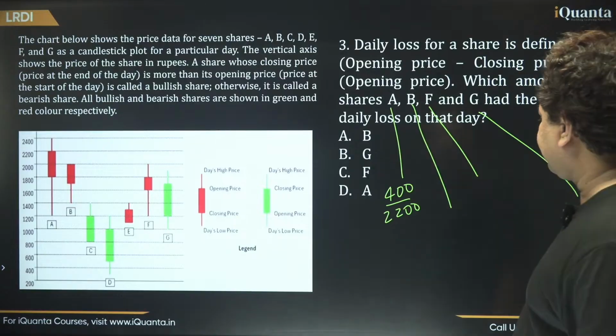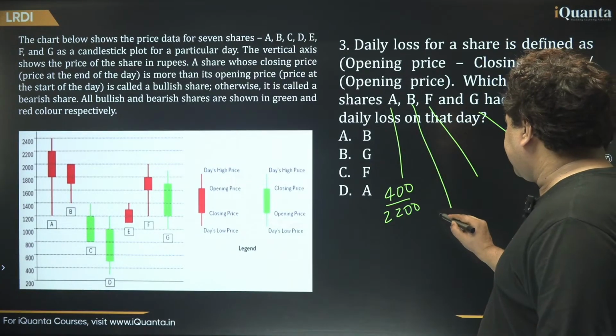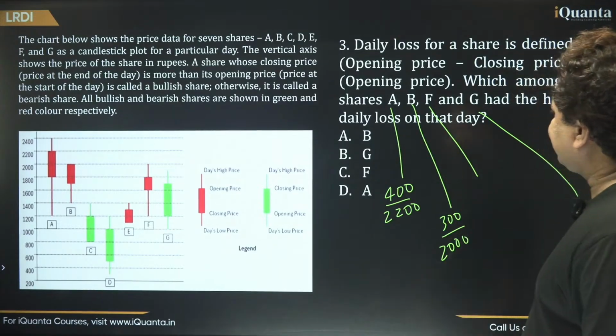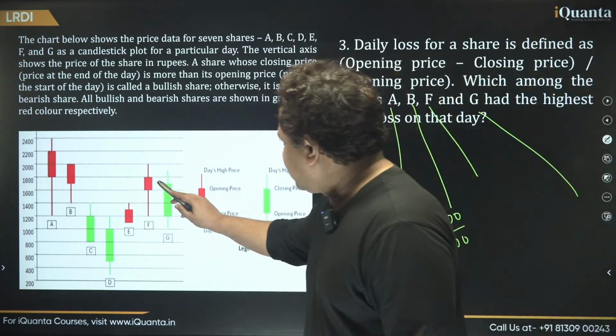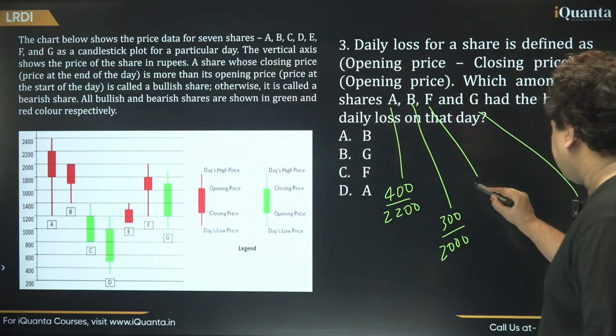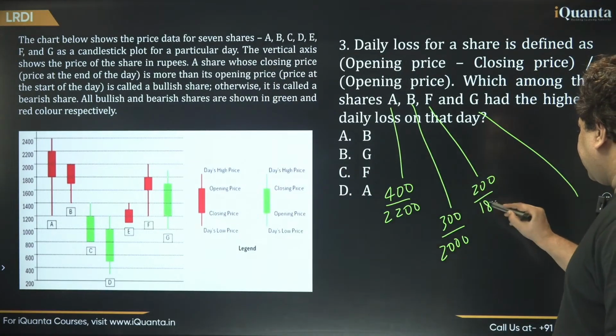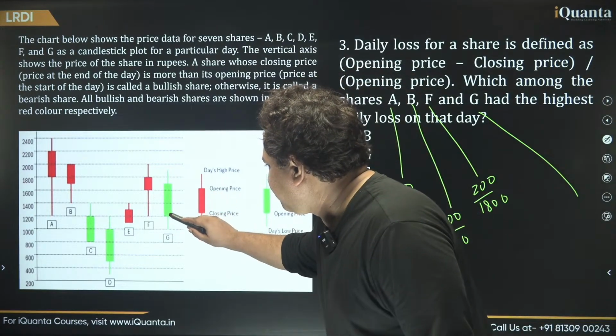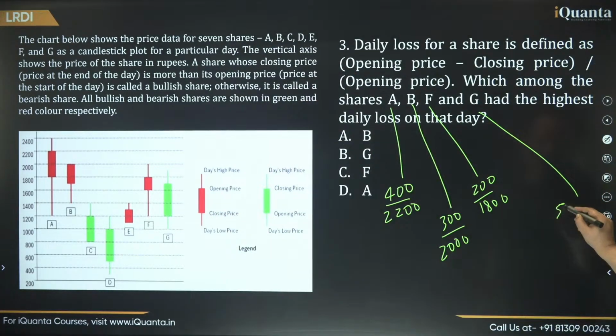Closing is 1700. 2000 minus 1700 is 300 upon opening. This is what we have. For F, 1800 minus 1600 is 200 upon 1800, and for G, it's 1700 minus 1200 is 500 upon 1700.